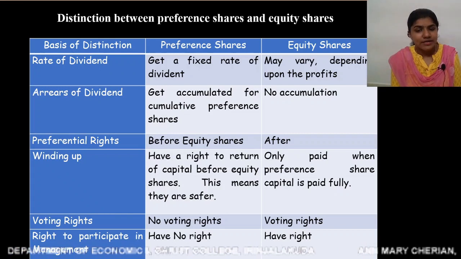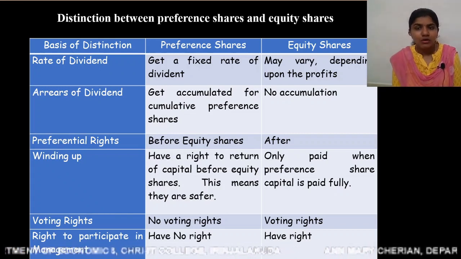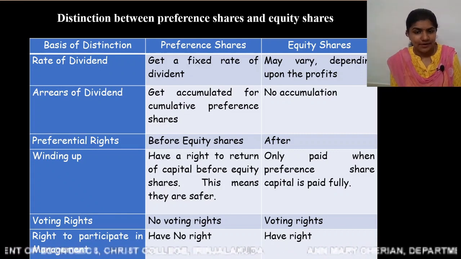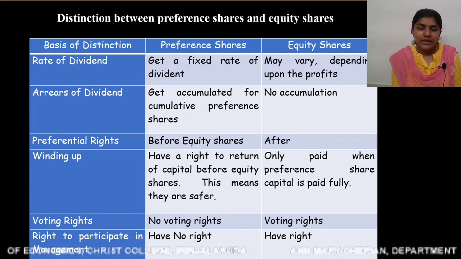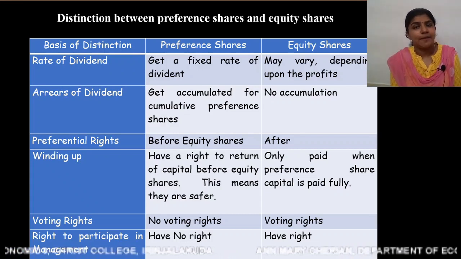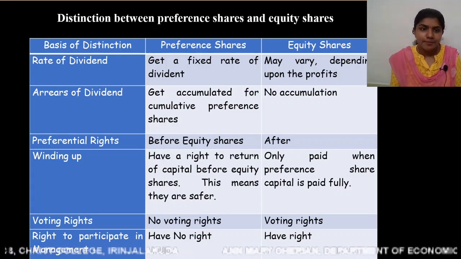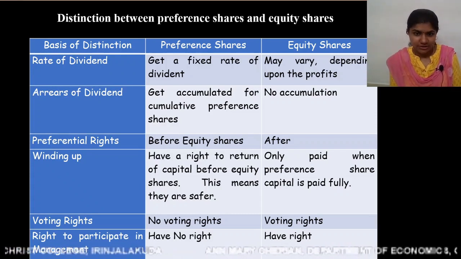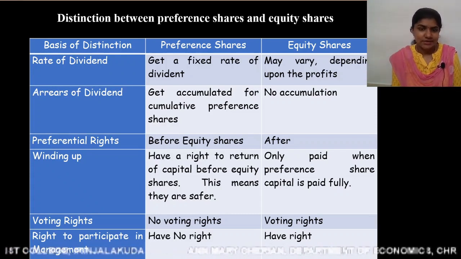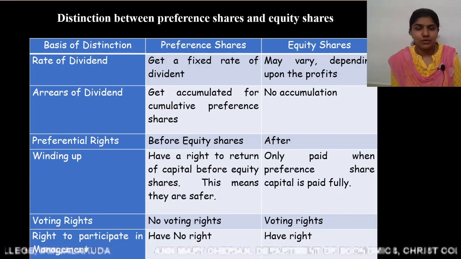At the time of winding up, preference shares should be paid before equity capital is paid. So, equity capital is paid only when preference share capital is paid fully. So even at the time of winding up, preference shares have preferential right over equity shares. So this means that preference shares are safer compared to equity shares.